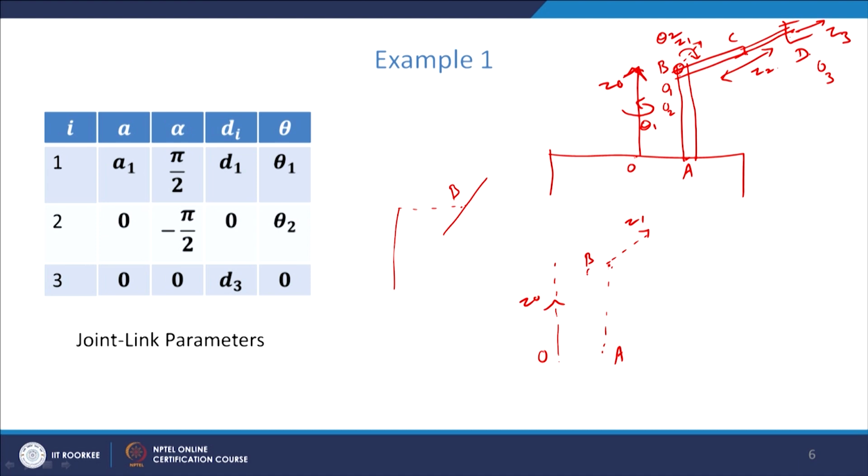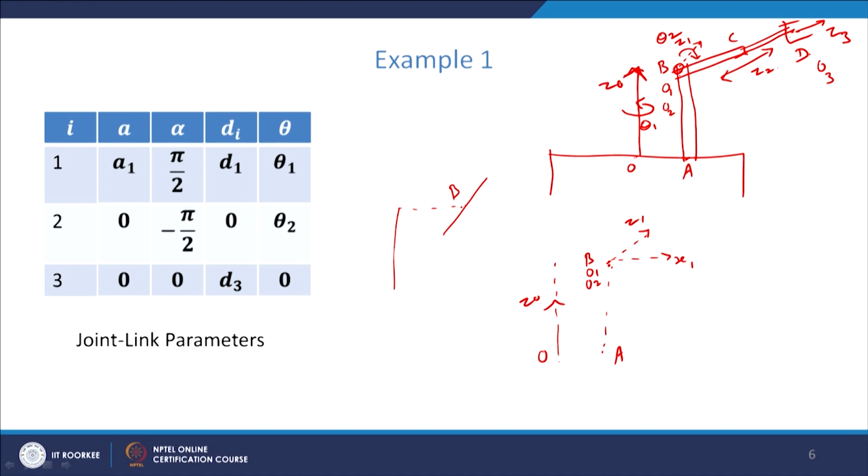So, here it is O1 and O2. So, the shortest distance line, this line itself will give the x1 axis. Z0 and Z1 are perpendicular, the shortest distance line, the extension will give the x1 axis.